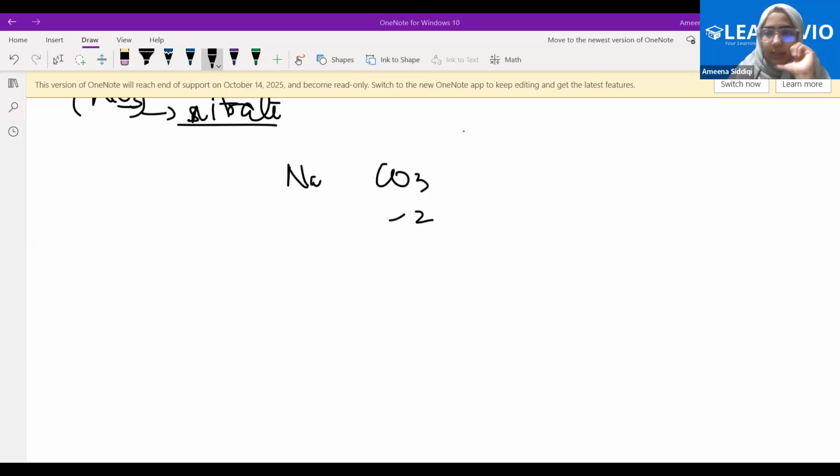What's the formula you got here? What is the valence of sodium? It's 1. So what do you get as the formula? Na2CO3.